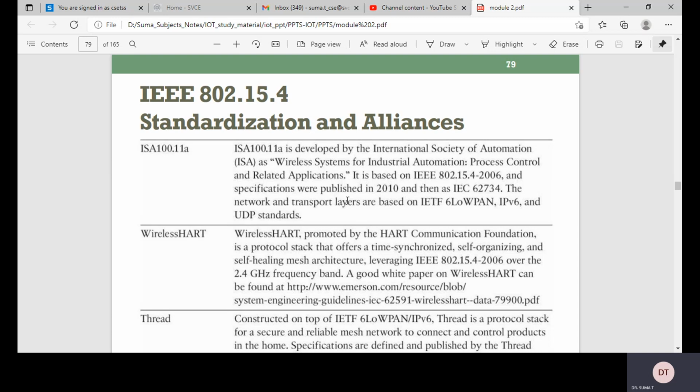ZigBee has continued to evolve over time, as evidenced by the release of ZigBee IP, and the representation of IEEE 802.15.4 can be leveraged at the PHY and MAC layers, independent of the protocol layer above. For these reasons, both ZigBee and ZigBee IP are discussed in more detail.